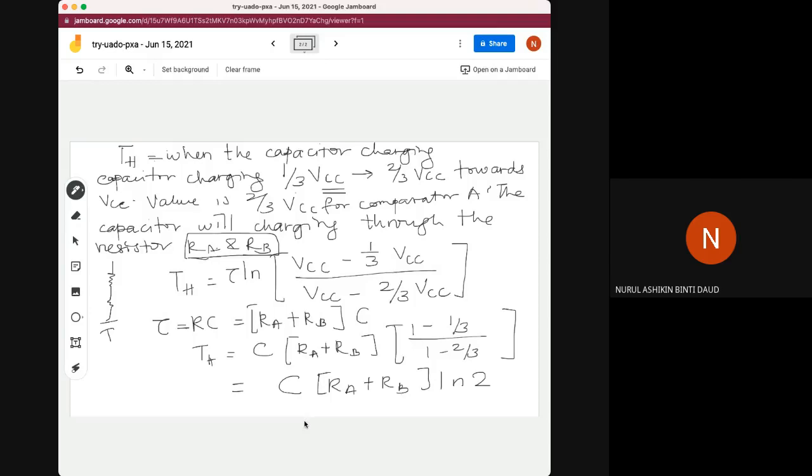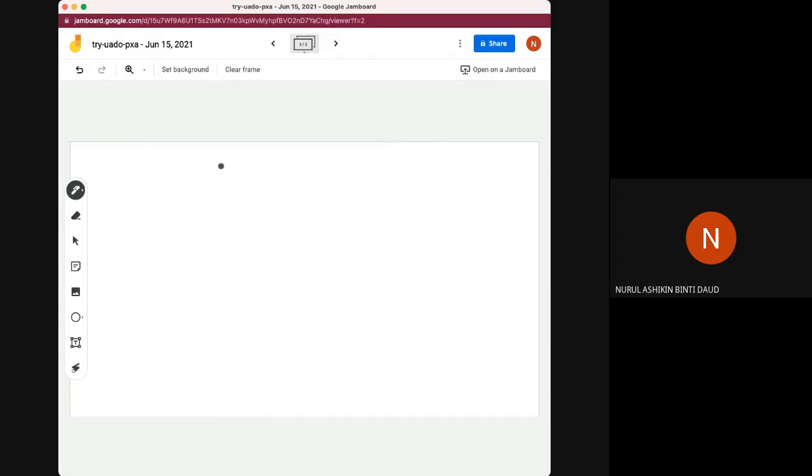If you use your calculator, you will get the value of TH. I think I have reached the minimum point of this, so let's use the next one.